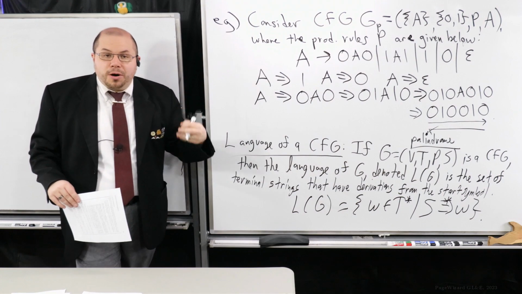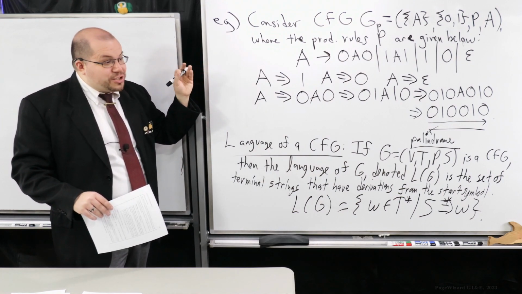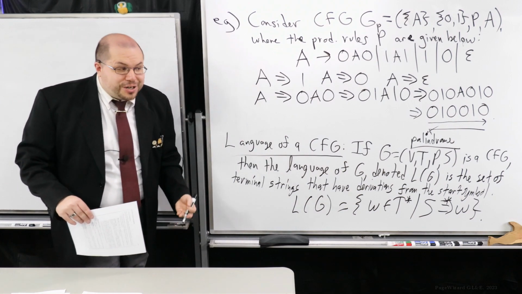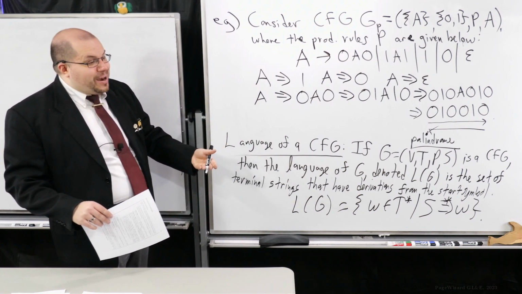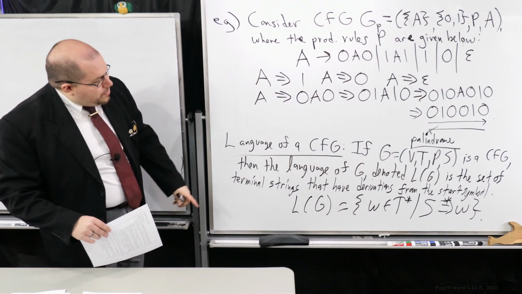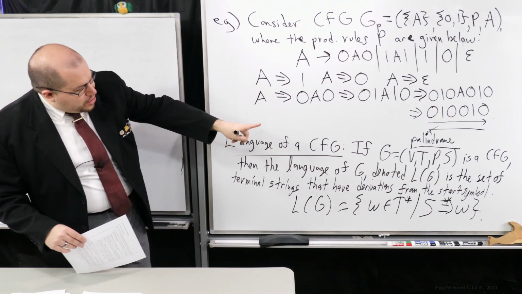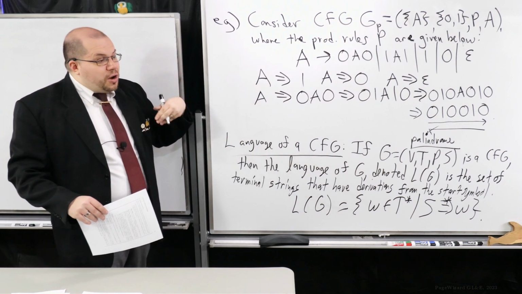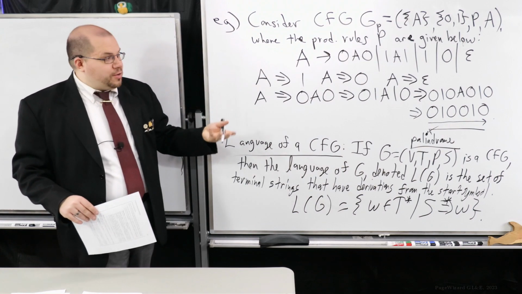Now, a key part of proving that a context-free grammar is correct is using the appropriate definition for the language it describes, which is the definition I introduced to you. Remember, we have our four-tuple: variables, terminals, production rules, and start symbol. I wanted to know what the language of that grammar was.